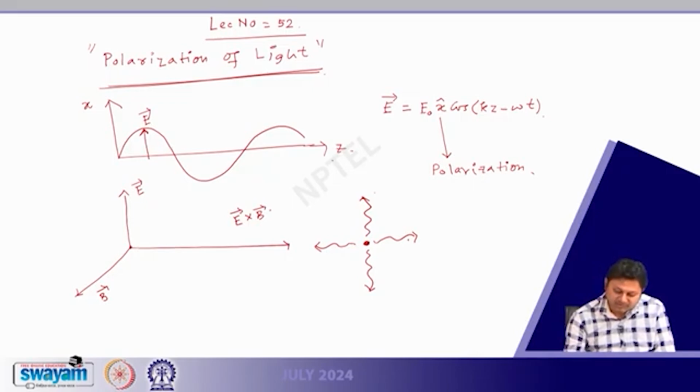The direction of the polarization is not unique, it is changing randomly over the distance. That is in general the case.